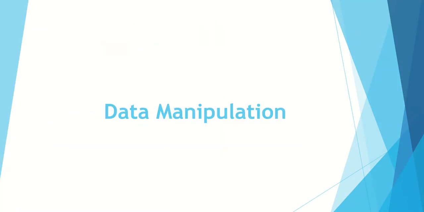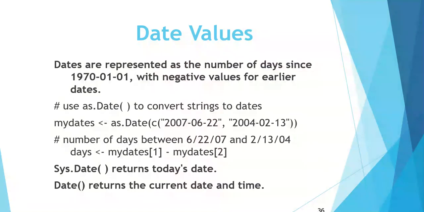So yeah, before proceeding to the data manipulation section, you can use dates directly using the date functions which are available in R. In R, dates are represented as the number of days since 1st January 1970, with negative values for earlier dates. So a data set which has values before this will have negative values.